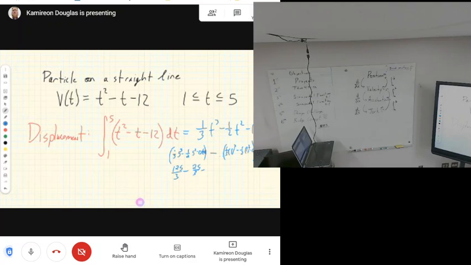Minus 12 times 5 is minus 60. Then 1/3 of 1 cubed, minus 1/3. Minus 1/2, so it becomes plus 1/2. And then plus 12.